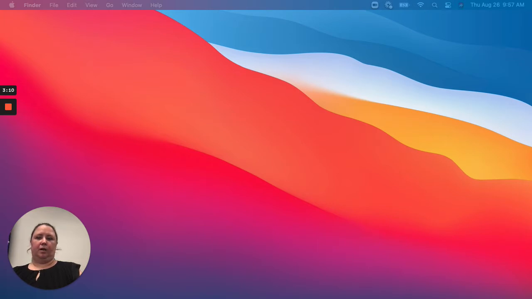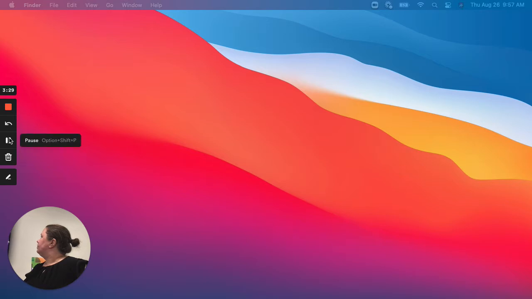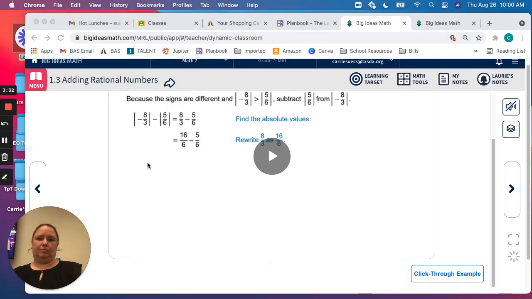Seventh grade, we're talking about adding rational numbers. So please write that in your journals. Seventh grade, you all have it written?